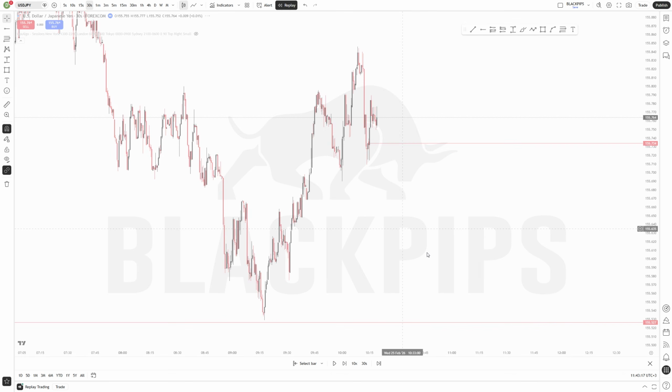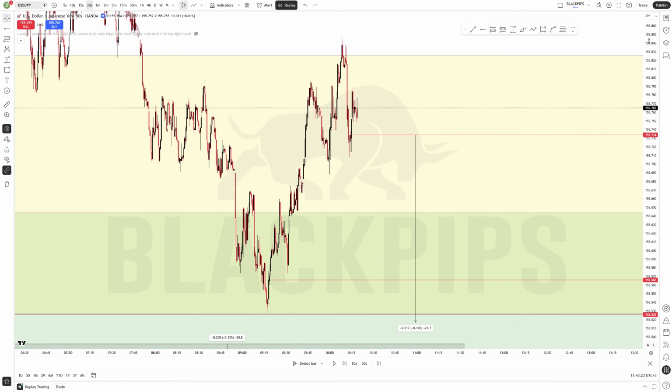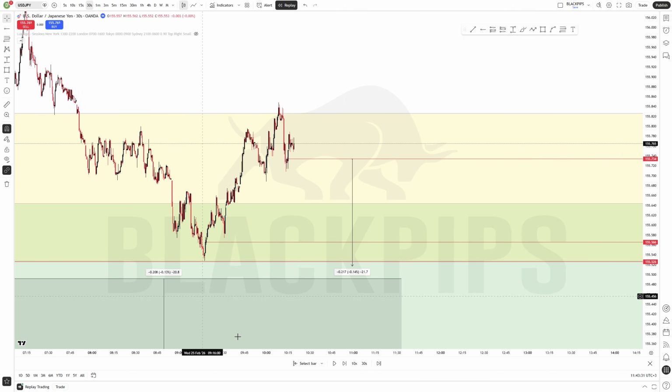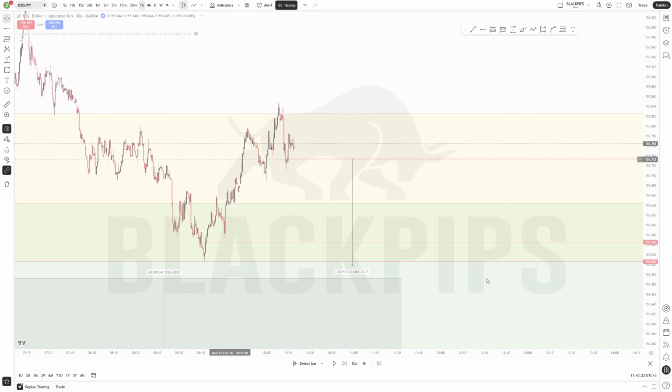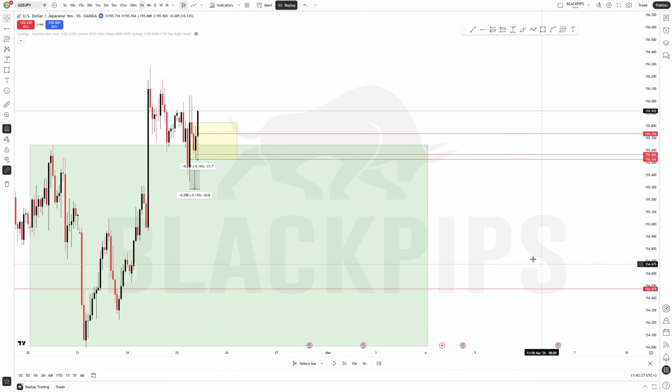So let's go back to our chart. So this is our 30 second formation, but down here we have our 15 second entry. So let's go back on the 1 hour to see how the price will react on that levels there.